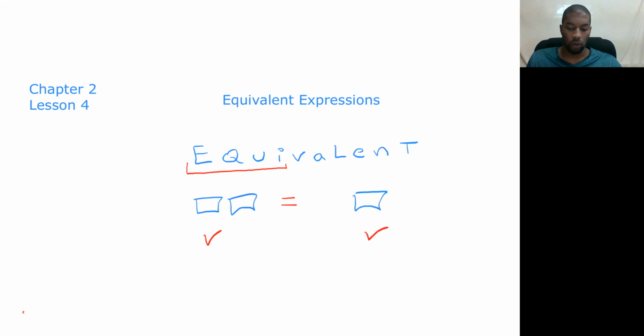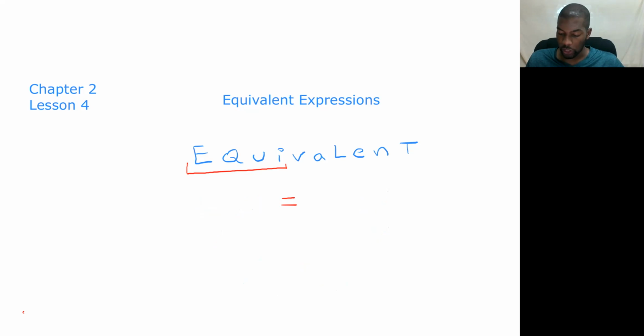And you would say, no, of course not. These are not equal. So therefore, these are not equivalent. They are not the same, right? Equivalent means equal, equals the same. So today what we're working on are equations that are equivalent and not equivalent.